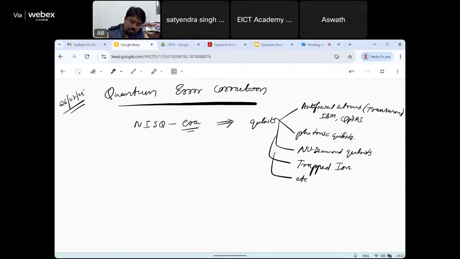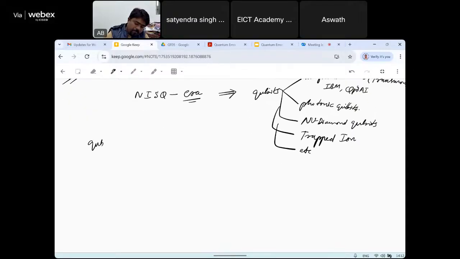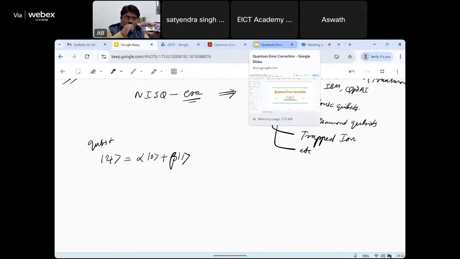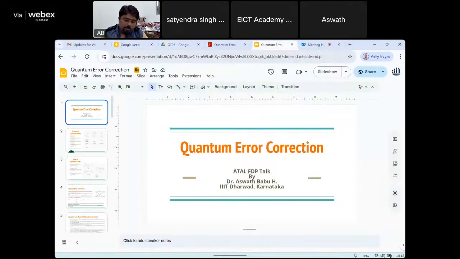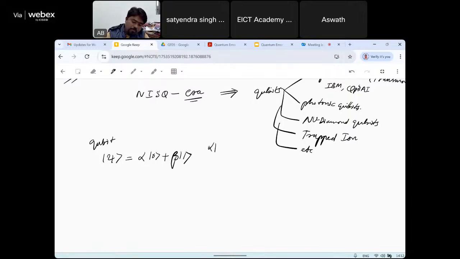If I just talk about a qubit, mathematically I am going to represent it on paper like this. It's supposed to be in the ground state with some probability and in the excited state with some probability, where the ground state is alpha squared and the excited state is beta squared. That is what a qubit means on paper.